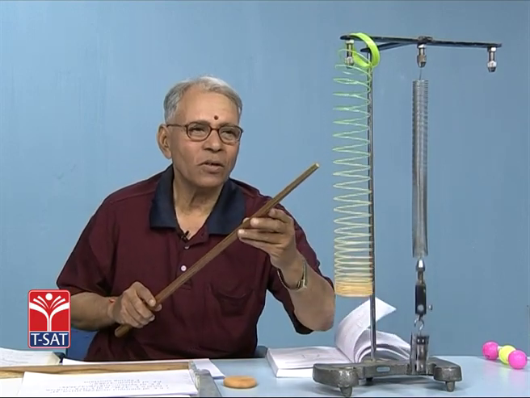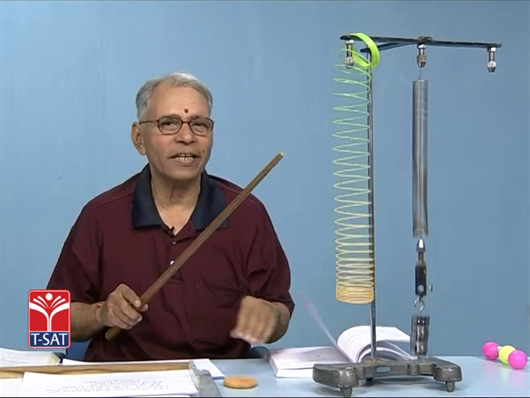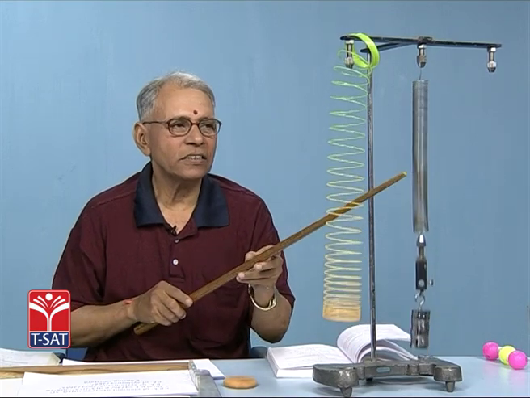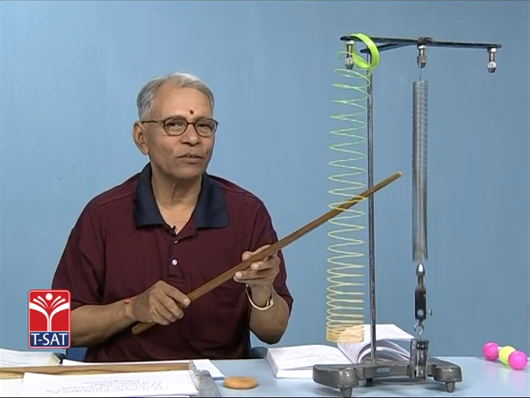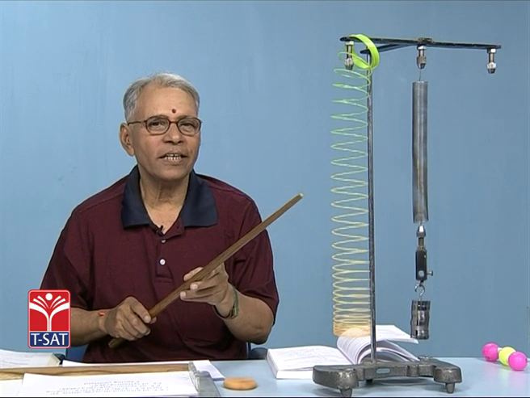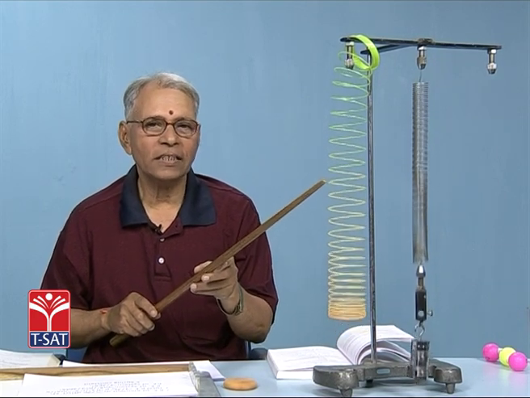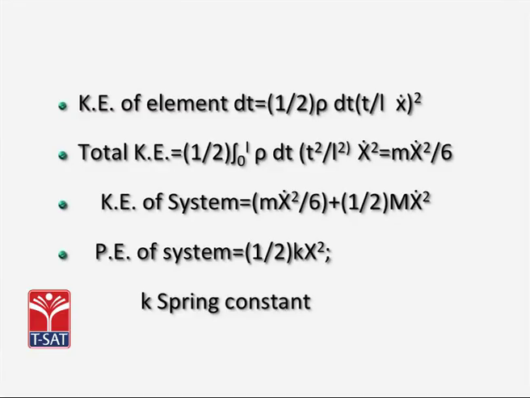This is the small element dt which we have taken already, and you can also see such a thing in this particular spring. The kinetic energy of the element is equal to half rho into dt into (t by L into x dot) whole square.